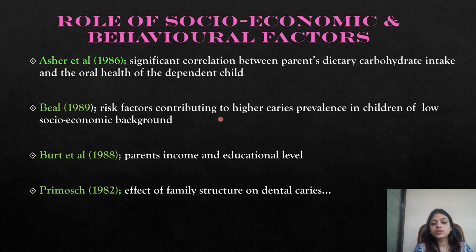Higher caries prevalence has been seen in children of low socioeconomic background because of lack of knowledge or lack of oral hygiene maintenance. Parents' income and educational level also play an important role, and the effect of family structure on dental caries has also been studied.